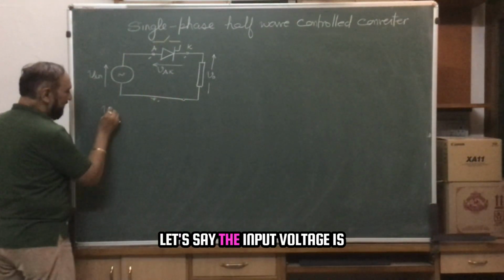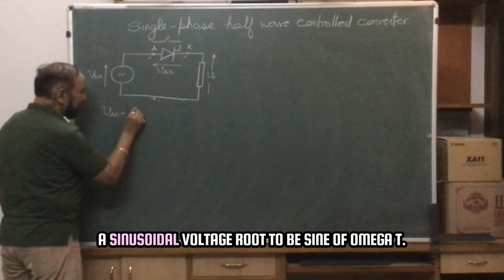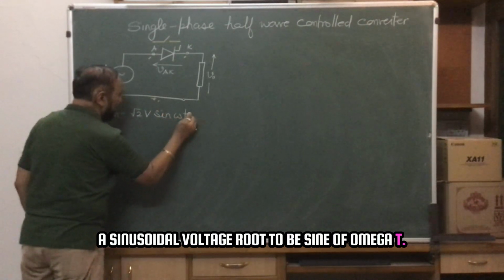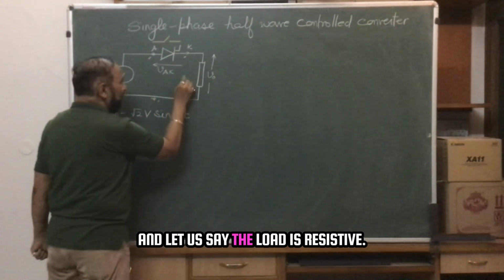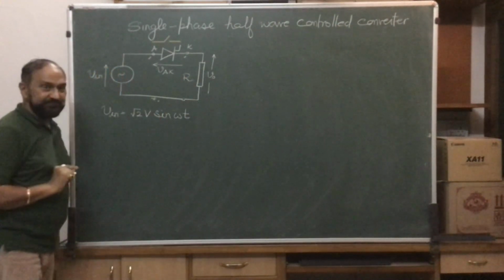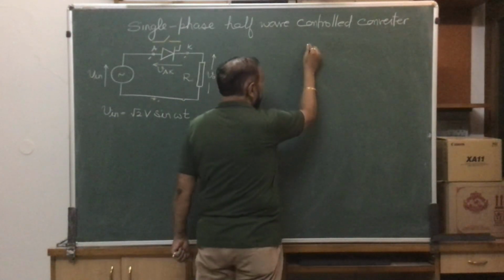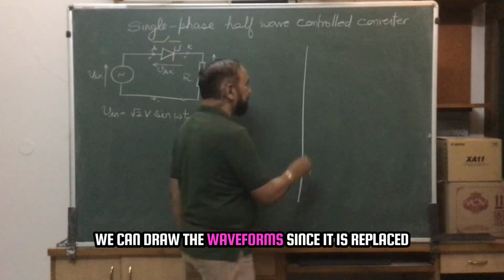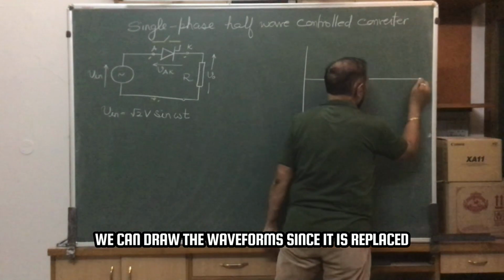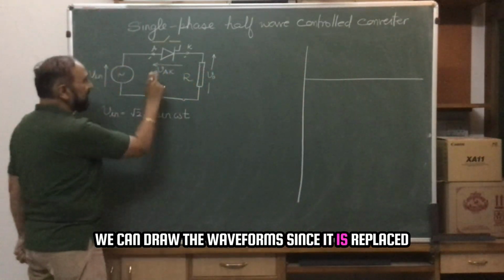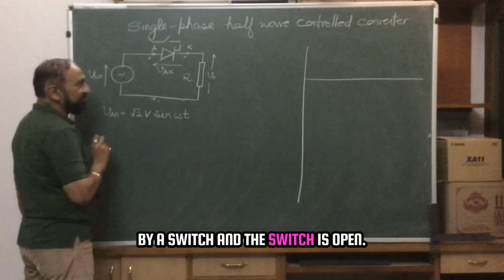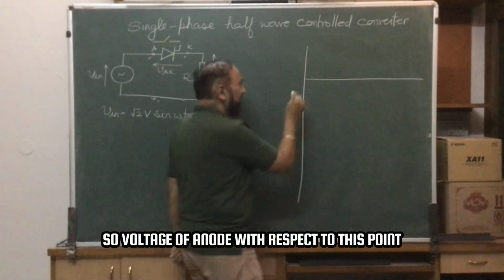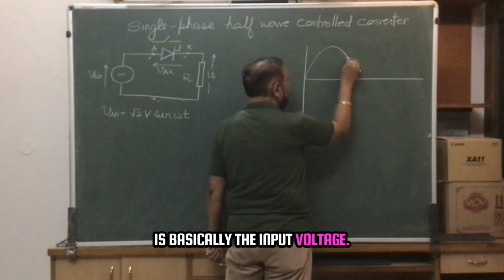Let's say the input voltage is a sinusoidal voltage √2 V sin(ωt), and let us say the load is resistive. We can draw the waveforms. Since it is replaced by a switch and the switch is open, the voltage of anode with respect to this point is basically the input voltage.